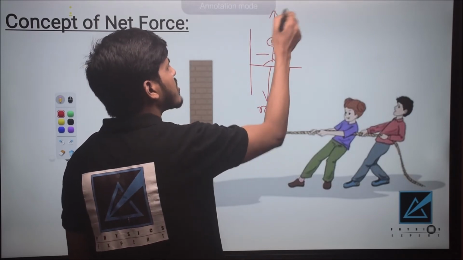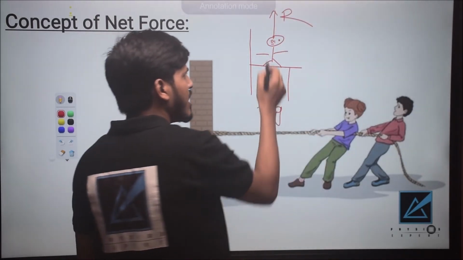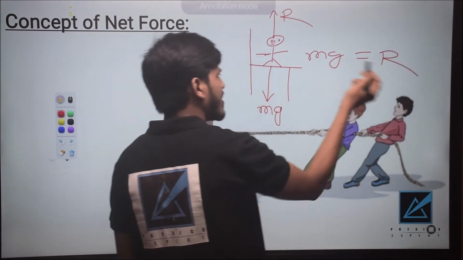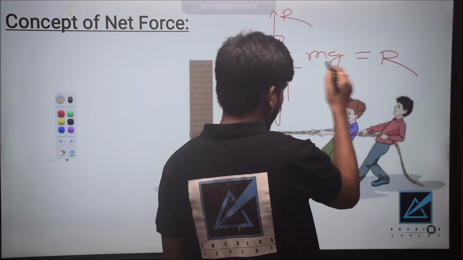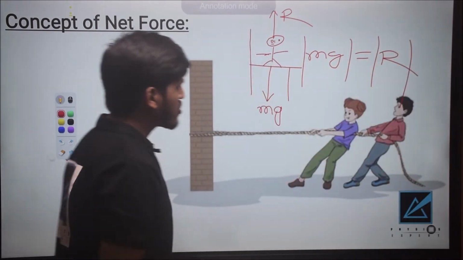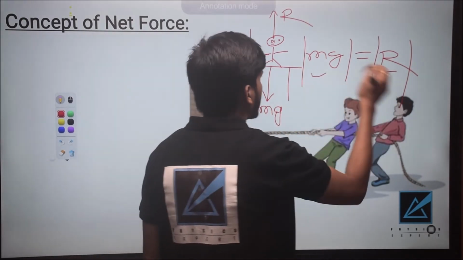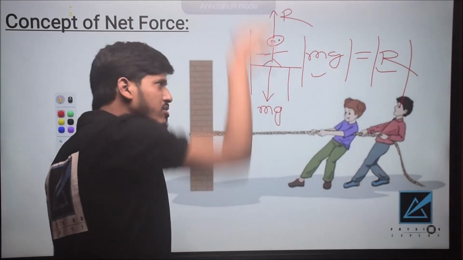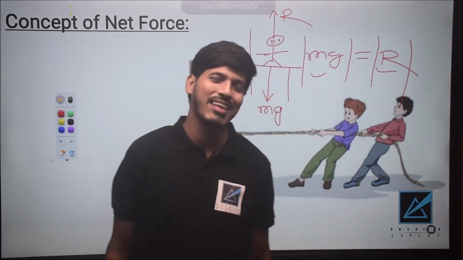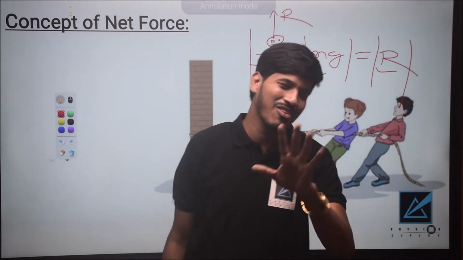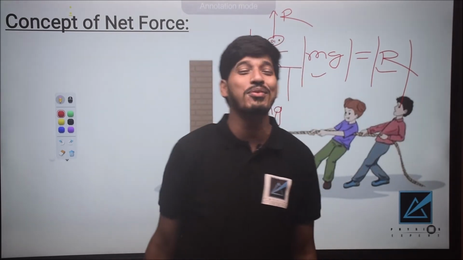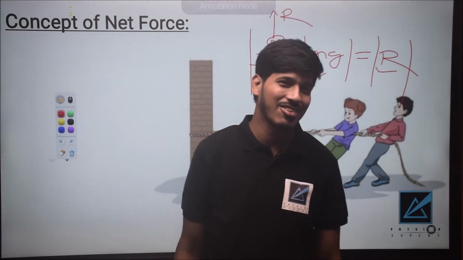The normal reaction force is in the upward direction. If mg is equal to R, equal in magnitude and opposite in direction, then you will not go downward or upward. That means forces are there on you, but the net force is 0, and that is why you are not moving upward or downward. So forces are there on you, but the net force on you is 0.